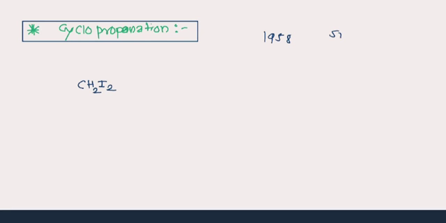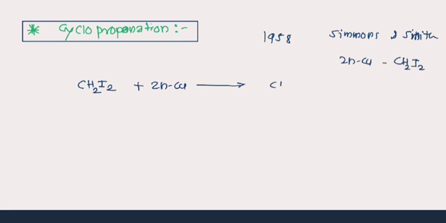In 1958, Simmons and Smith reported that the reaction between zinc-copper and iodomethane, CH2I2, produces a species called a zinc carbenoid.